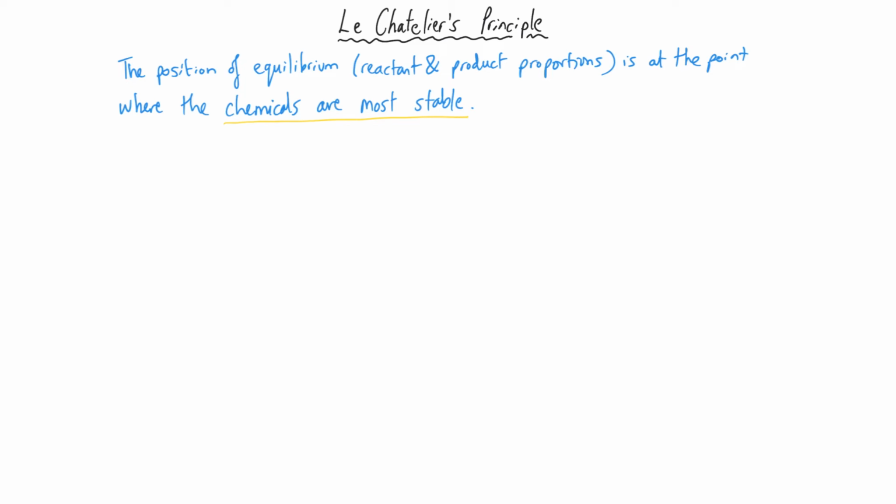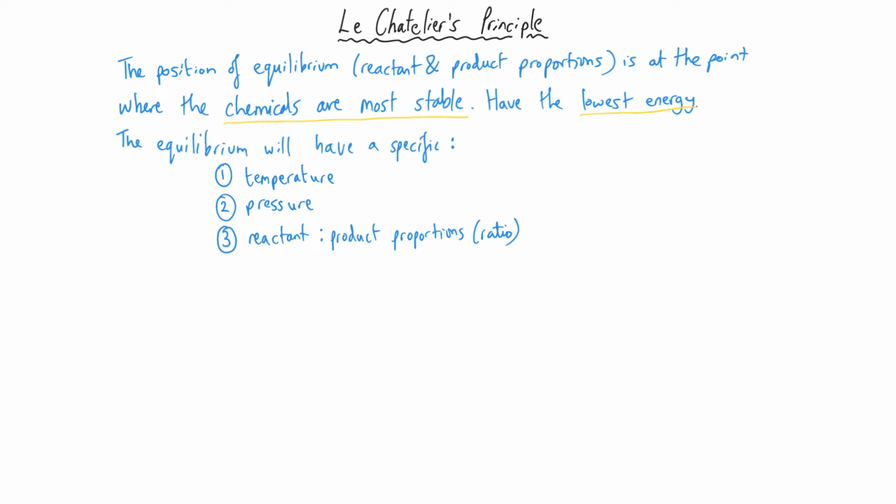And the fact that they're the most stable at this point means that they have the lowest energy. And at that equilibrium, there will be a certain set of conditions, and these conditions will be to do with an optimum temperature, pressure, and any other factors that might happen to be affecting the chemical reaction. Those conditions are such that they are in the most stable temperature, for instance, as well.